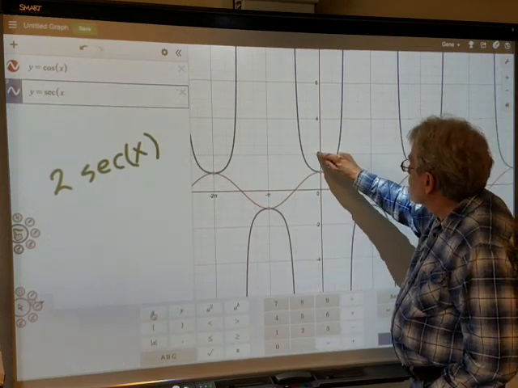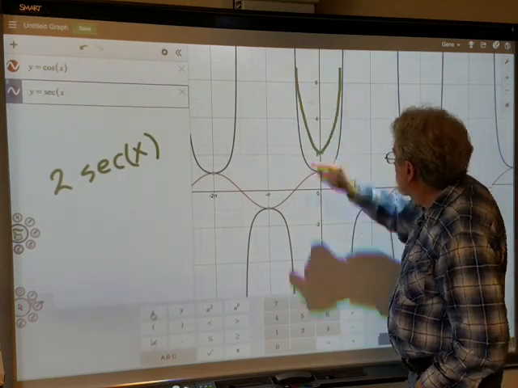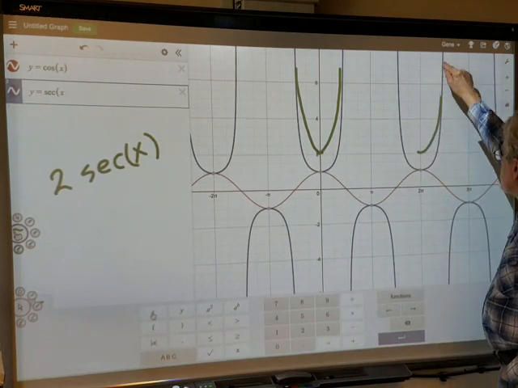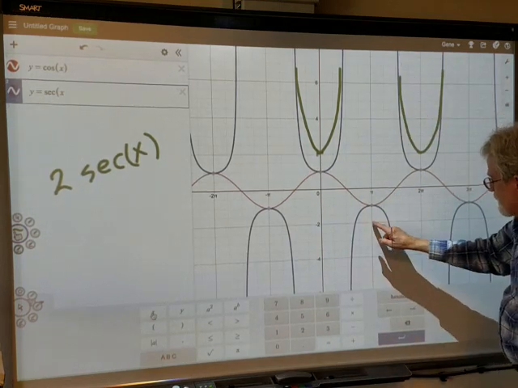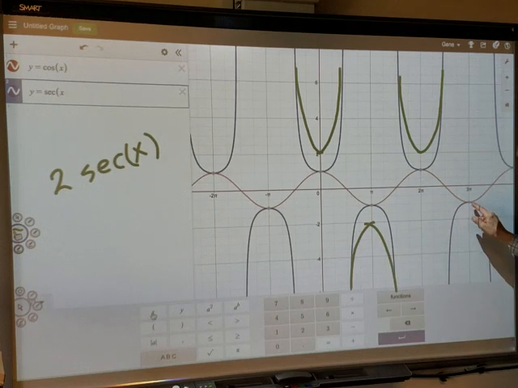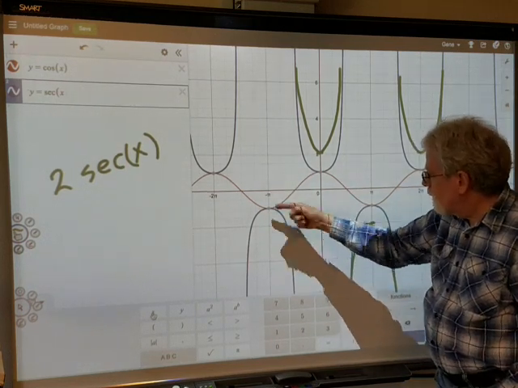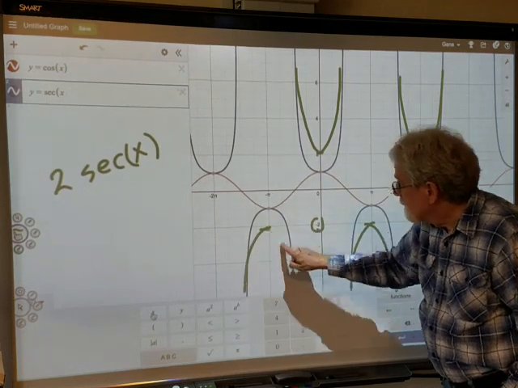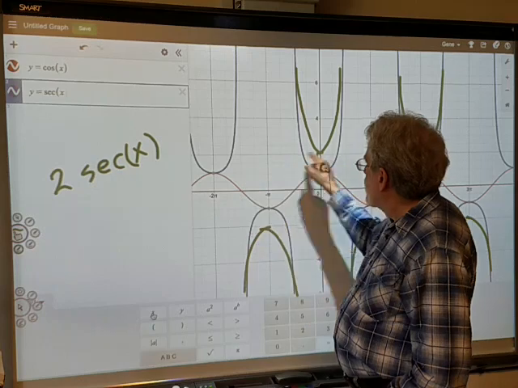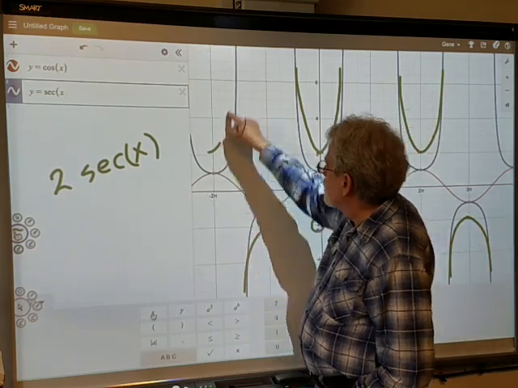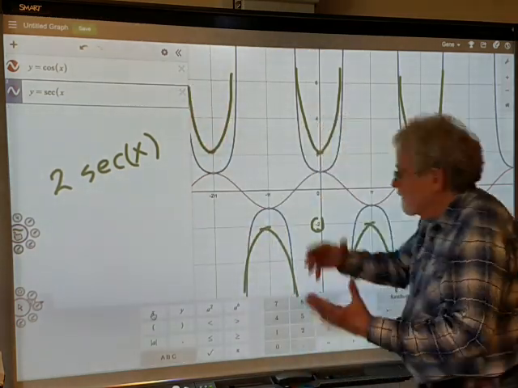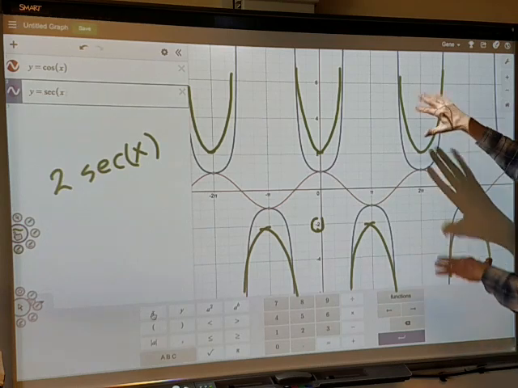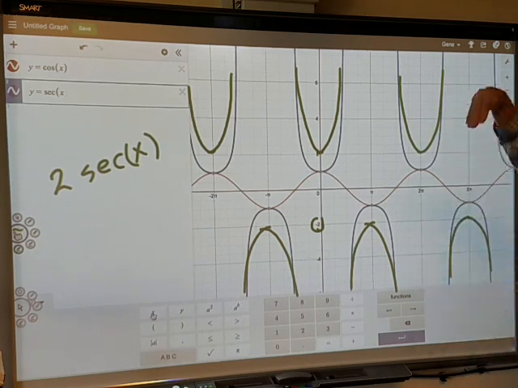So secant should be kind of like this, and this, and this, and this. You get the idea. Instead of starting at -1, it starts at -2. Instead of starting at +1, it starts at +2.